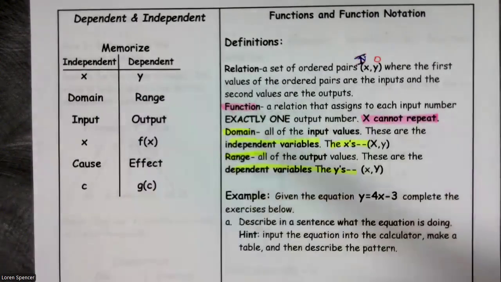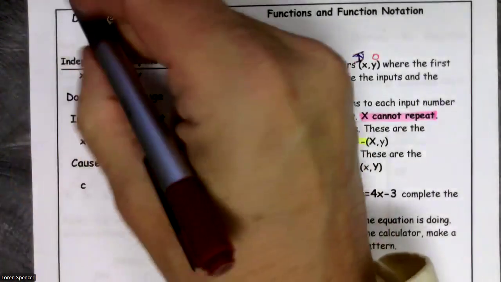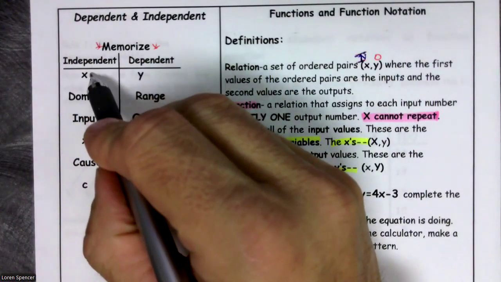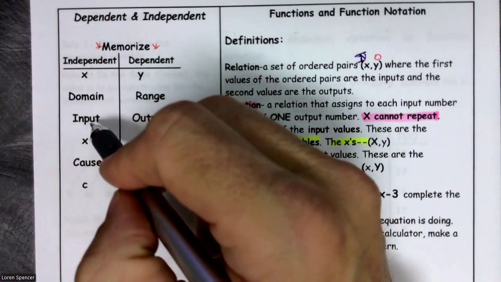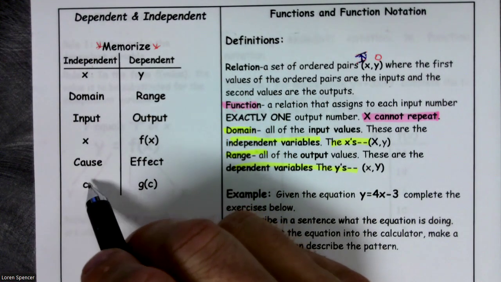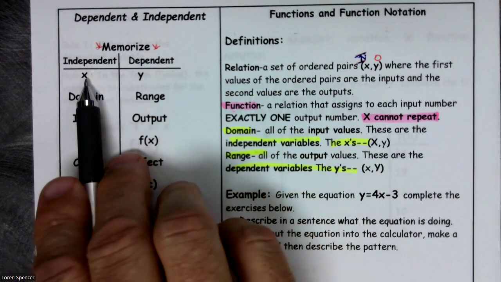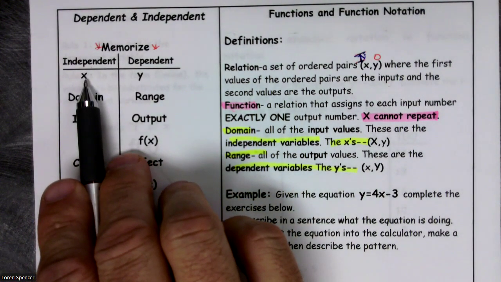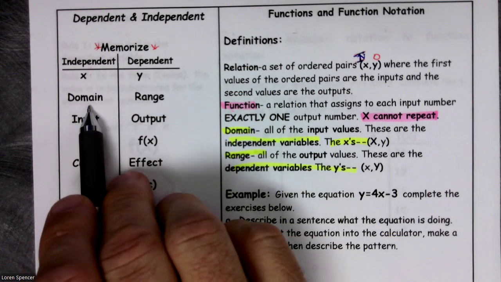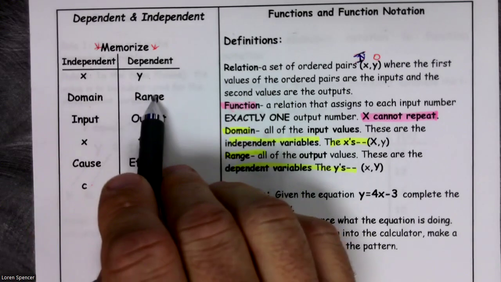So let's look at this. Here's what you need to memorize. Independent variables, we have the X's, which is the domain, the input, the cause. I'll tell you what this means. If we have independent variable, our dependent variable is y. Domain represents the independent variables, range is the dependent variable.